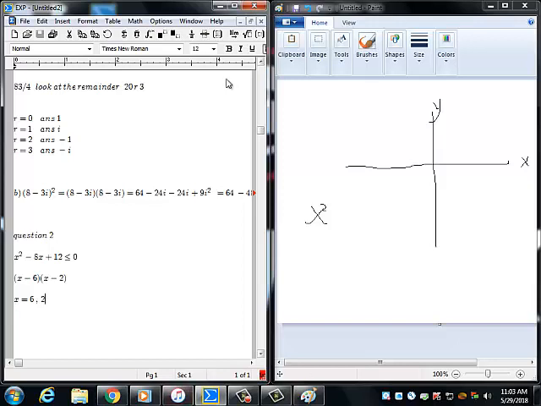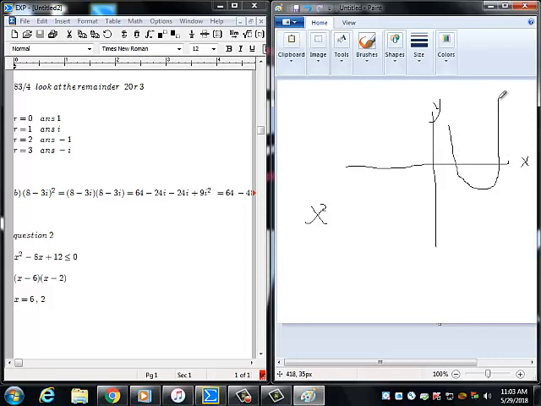We know that this is a parabola concave up, where this point here is 2, and this point over here is 6.